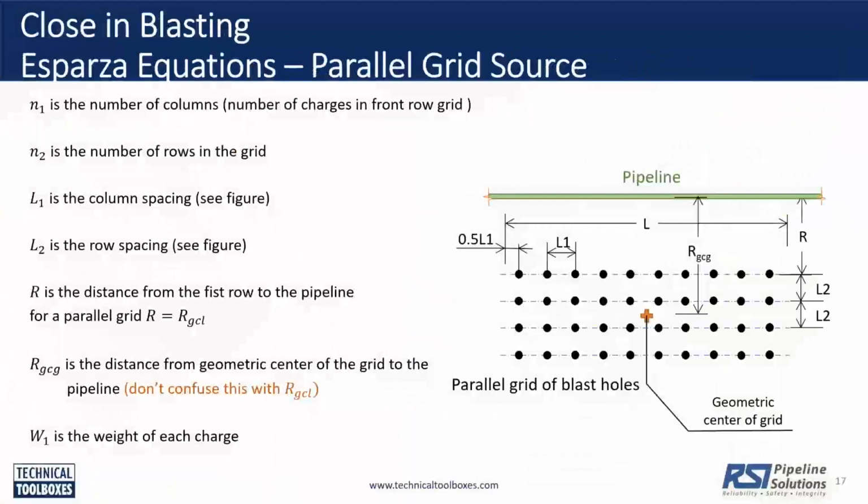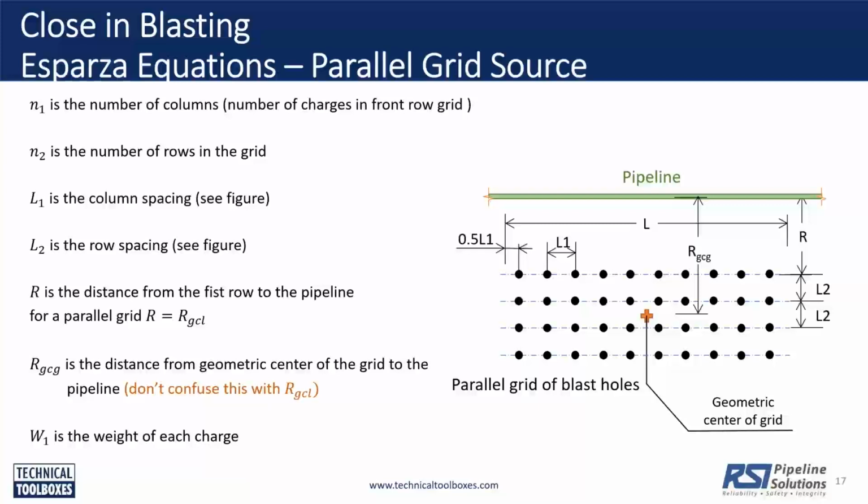And similarly, there are other situations. There could be a grid instead of a line. Here I have given an example. You see a grid that's parallel to the pipeline. And now we have more parameters here to define the grid. We have the distance between the rows, distance between the columns, number of rows, number of columns, and of course the amount of explosive in each hole.